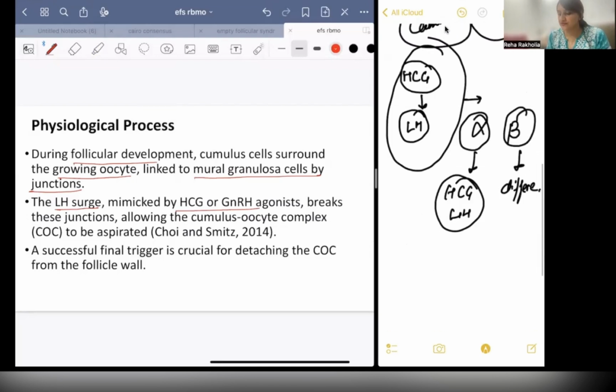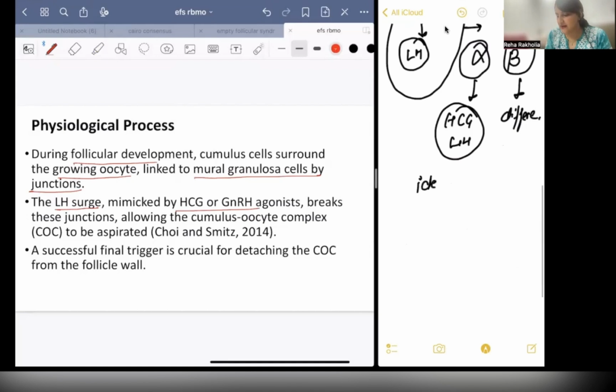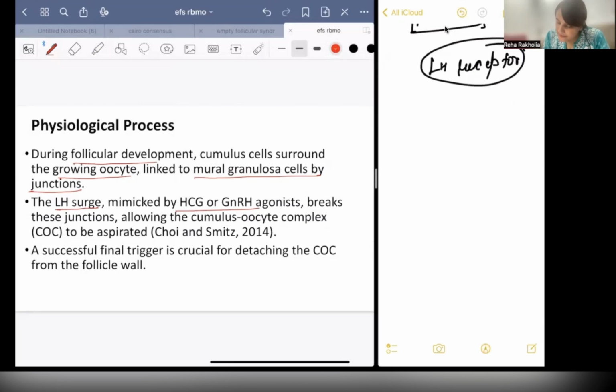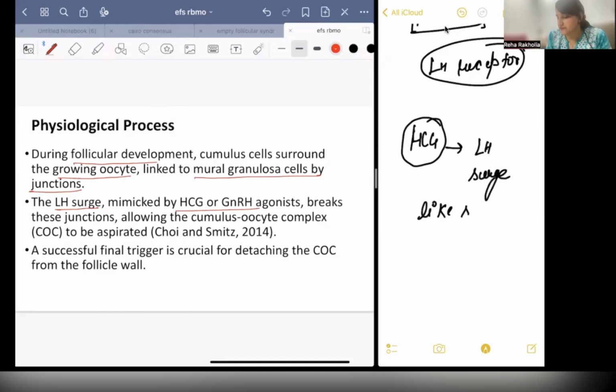Because of this identical alpha unit, HCG can act on the LH receptor and act as an LH surrogate. So instead of giving LH, we give HCG. It will cause an LH surge-like situation because it acts on the LH receptor.